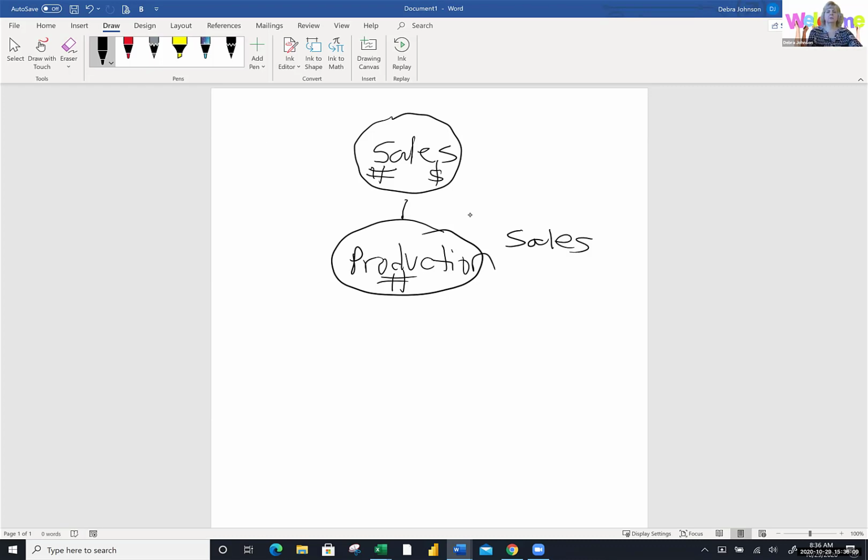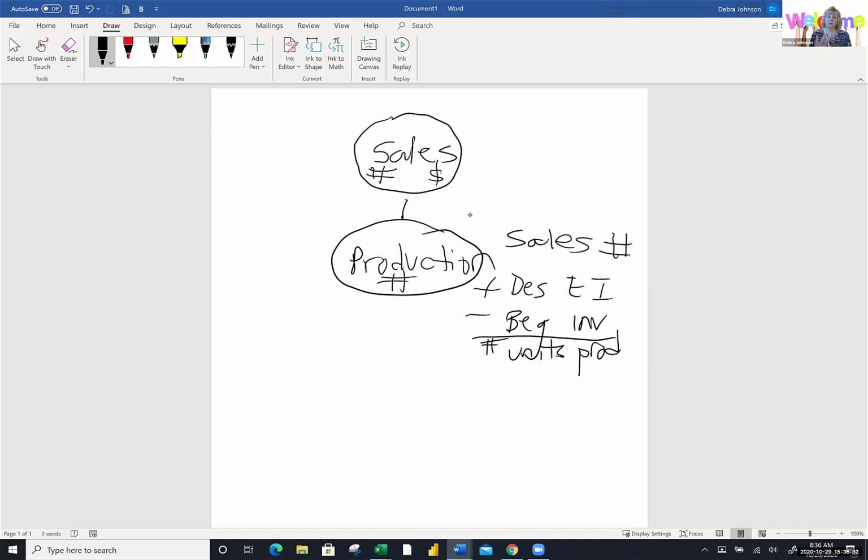So what we said on this one is we start off with the sales numbers and we added in the desired ending inventory and we took out the beginning inventory. And that gave us the number of units to be produced. Okay, and we worked on both those last time.